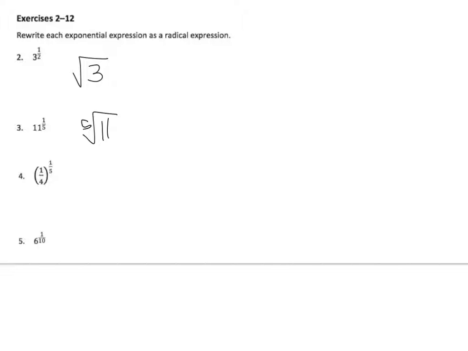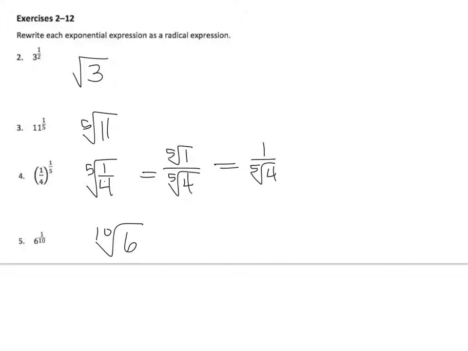I can say it is the 5th root of 1 over 4, which is the same as the 5th root of 1 over the 5th root of 4, which is the same as 1 over the 5th root of 4. Cool, huh? 6 raised to the 1/10, 10th root of 6. Cool.